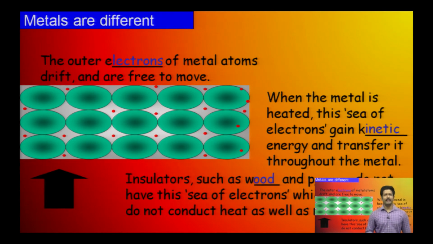Now the insulators, such as wood and plastics, have this sea of electrons as well, but they do not have that affinity. Affinity means the electrons are more stable in insulators than in metals. Metals have numerous electrons that are unstable, ready to bounce from one atom to another just after receiving the quanta.